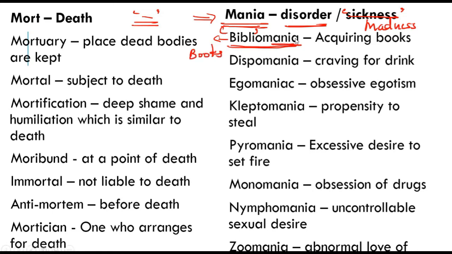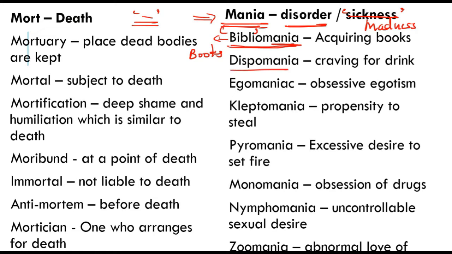Mania means obsession. So if you are too obsessed with having as many books as possible, and it's a kind of disorder you're facing, you're doing it too much, basically it is excessive, that's called bibliomania.